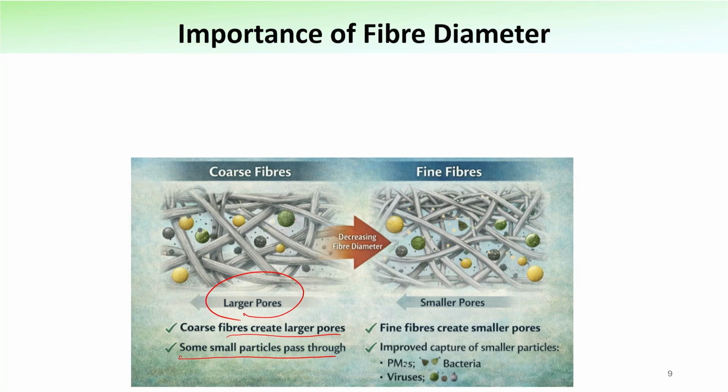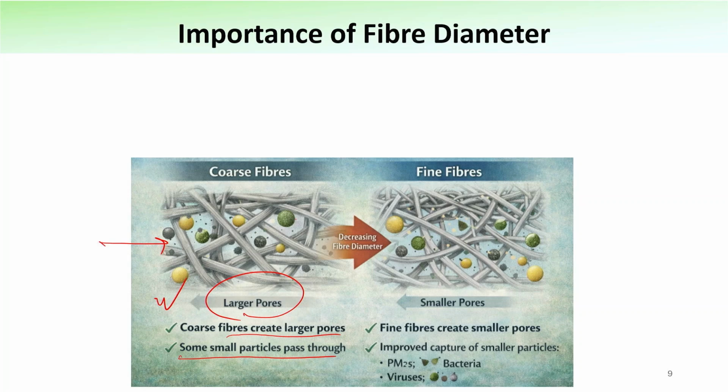But the advantage of large pores is that the pressure drop is low, the air will flow through easily. So, pressure drop is low, which is also required, but small particles can pass through.